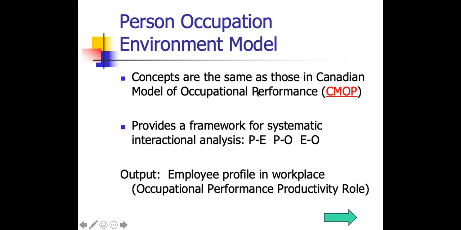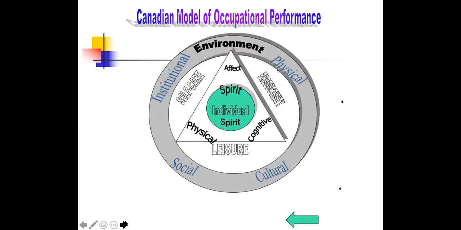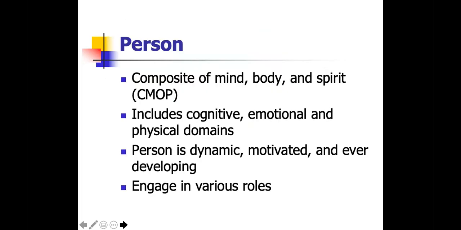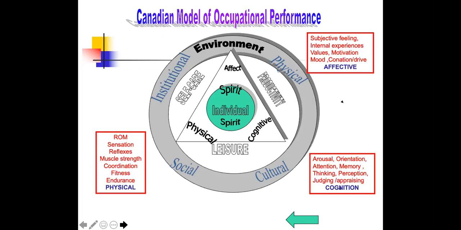Sama dengan CMOP, PEO lebih sesuai untuk return to work, because we not only looking at the person, but also the punya environment and also the punya occupation. Ini contoh Canadian model, you dah tahu. Tapi I prefer PEO dengan ni lah, apa, Moho.